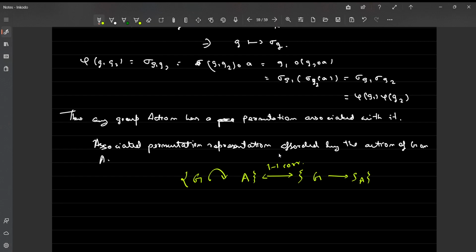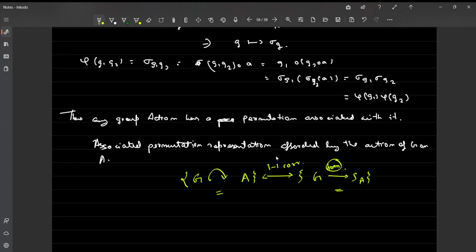Because if you consider a certain mapping from G to SA, then you can induce an action out of that very mapping by simply following the steps backward, as we did when we formed the associated permutation representation. So with respect to any mapping present here, you can form an action, and the converse is also constructed. Therefore, there is a 1-1 correspondence between the actions of G on A and the mappings from G to SA. Rather, I should say the homomorphisms from G to SA. So this is the set of all homomorphisms from G to SA.